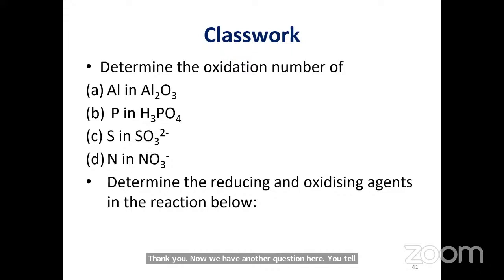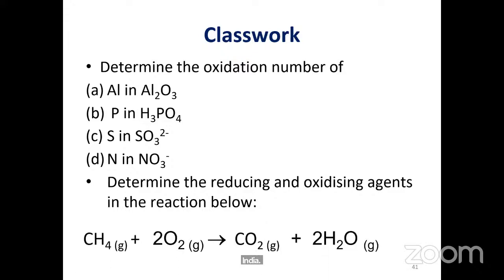Determine the reducing and oxidizing agents in the reaction below. So we have CH4 plus oxygen to give CO2 plus water, all in the gaseous state.